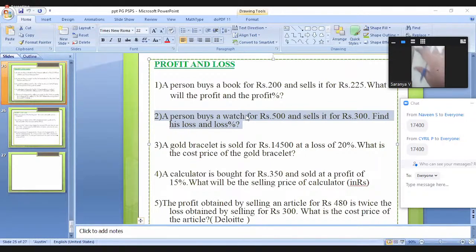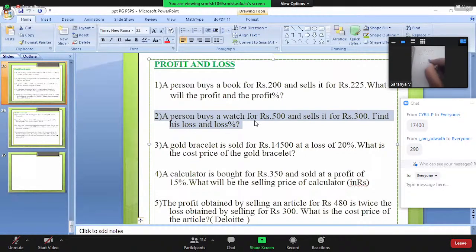That is the selling price. The selling price is given, that is 14,500, and the loss percentage is given, that is 20%. Now you have to find the cost price. That means you have to find the 100 percentage.